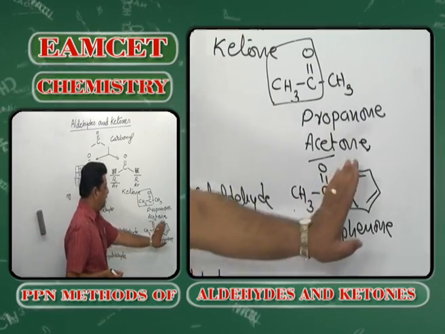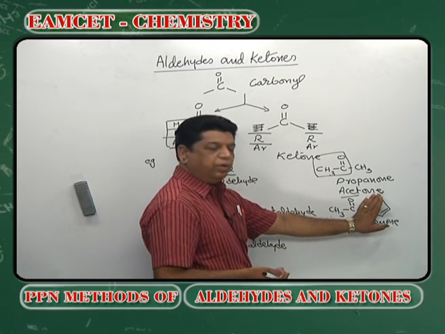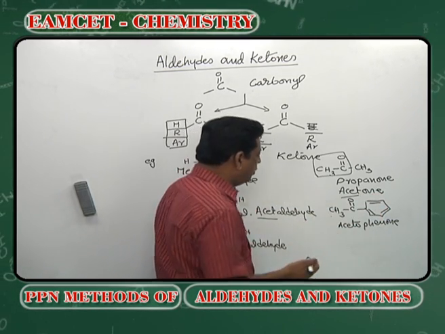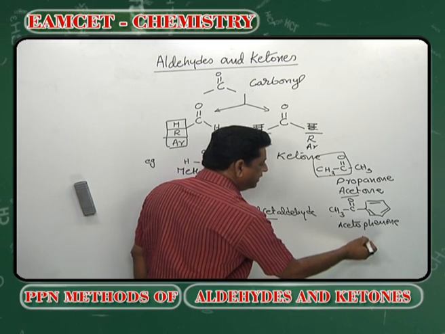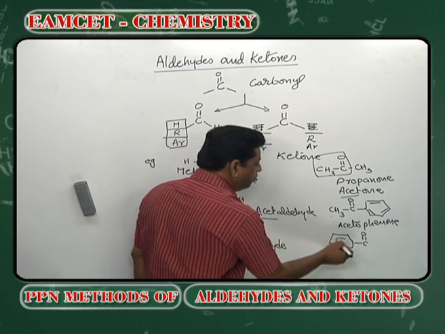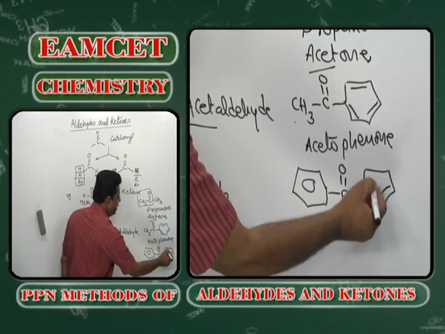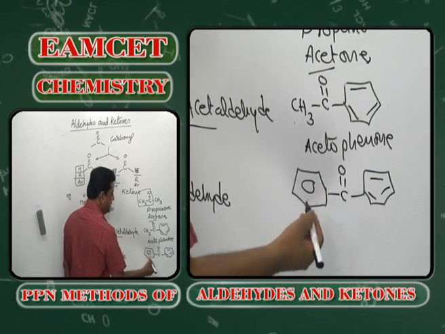Some logic is there. Systematically you may call it phenyl ethanone, since a two carbon ketone is ethanone, with a phenyl group. But everybody says acetophenone.